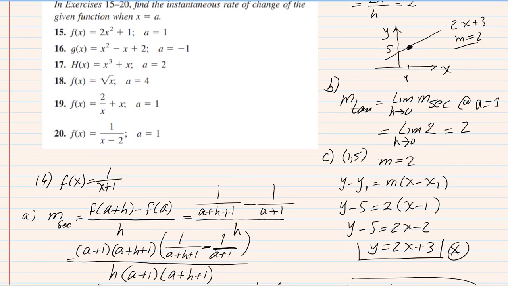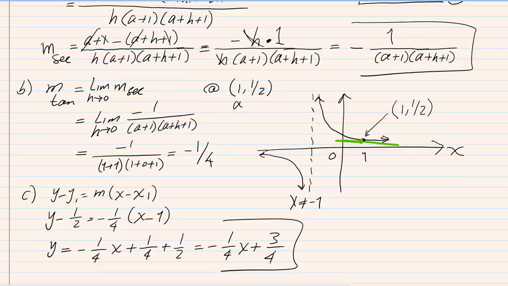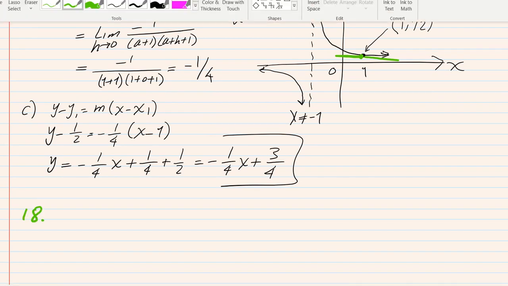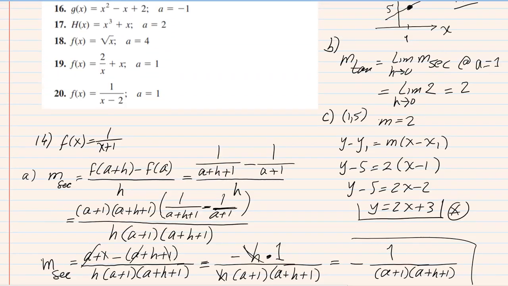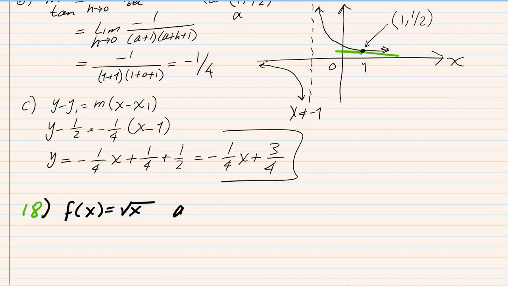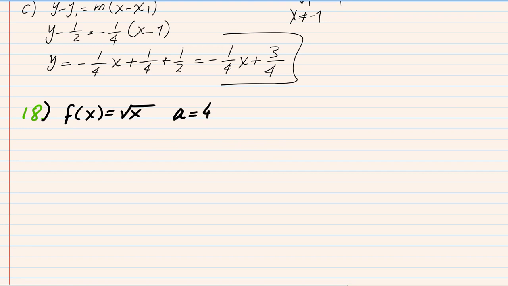So let's take a look at something like number 18, for example. f of x is root x, and a is 4. Let me change my pen. In number 18, f of x is root x, and the point at which we want to find the instantaneous rate of change of the function is a equals 4.